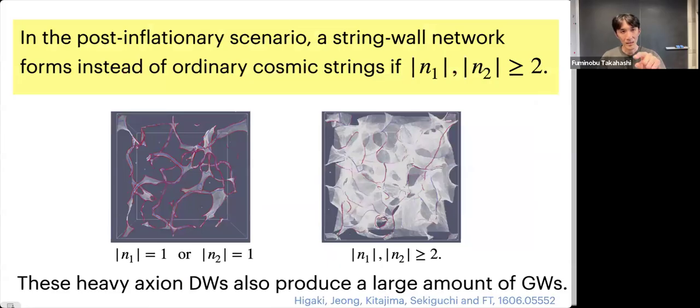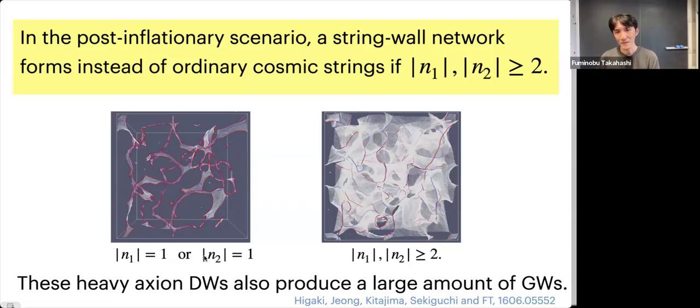So let me summarize what we found so far. If either N1 or N2 equals unity, then domain walls can have an end. It's bounded by a single string, and string bundles are easily formed in this case, as we have seen in the first example.